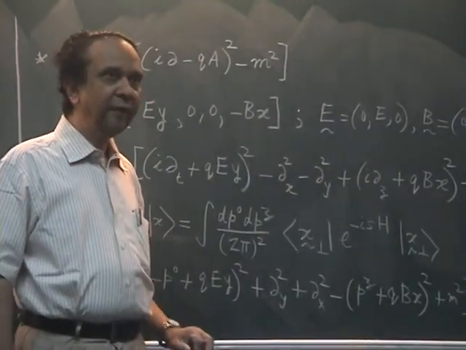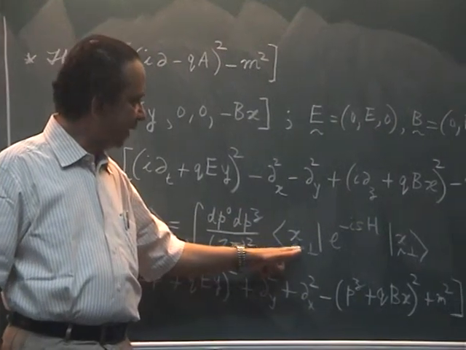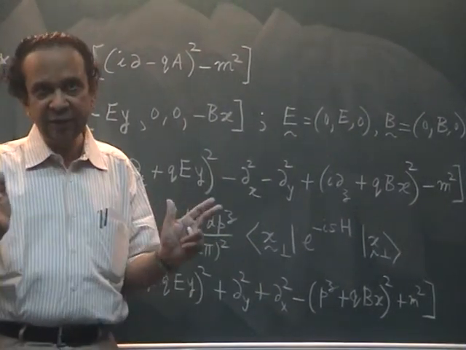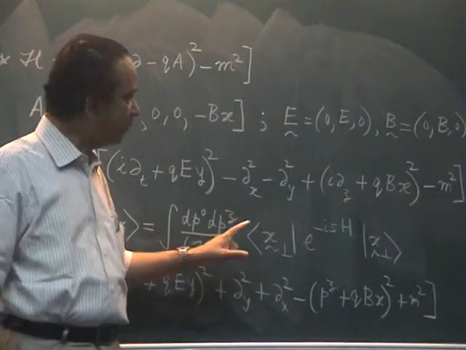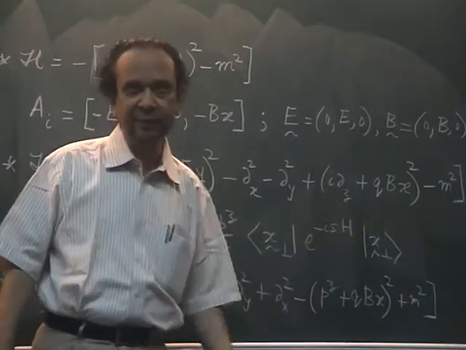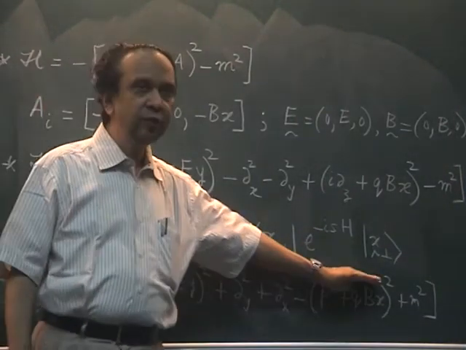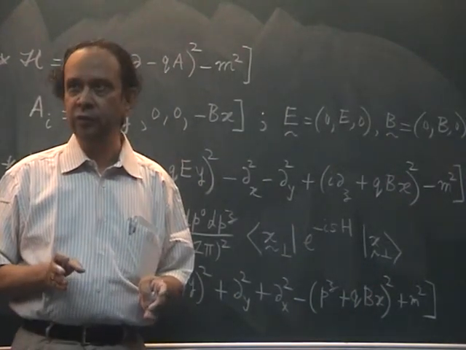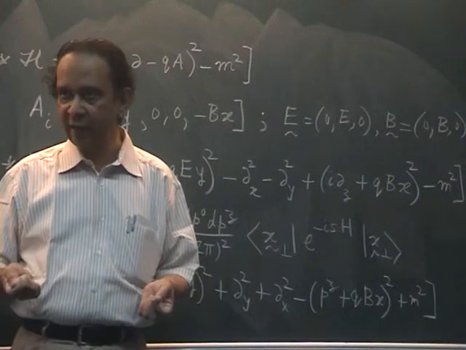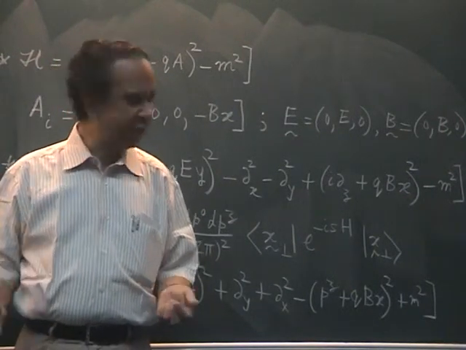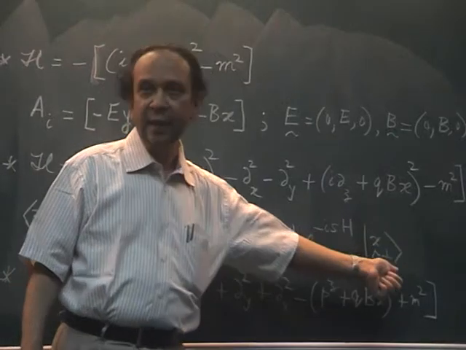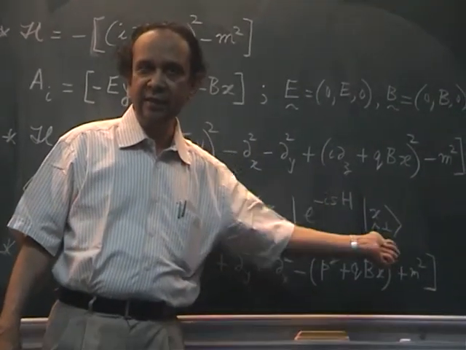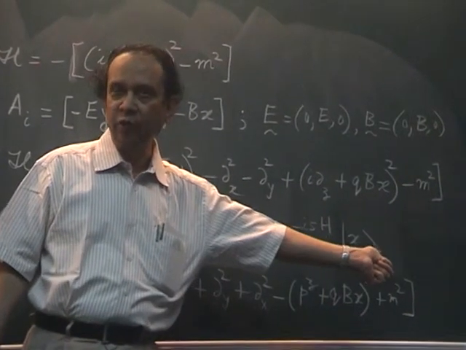So what we are now left with is the ordinary xy space, and in that plane I have an e to the minus isH. So this is reduced to a two-dimensional quantum mechanical problem. Think of a two-dimensional quantum mechanical system where the particle states are labeled by xy and x prime y prime if you feel like, and there is a kernel, a path integral kernel, which I am going to compute.